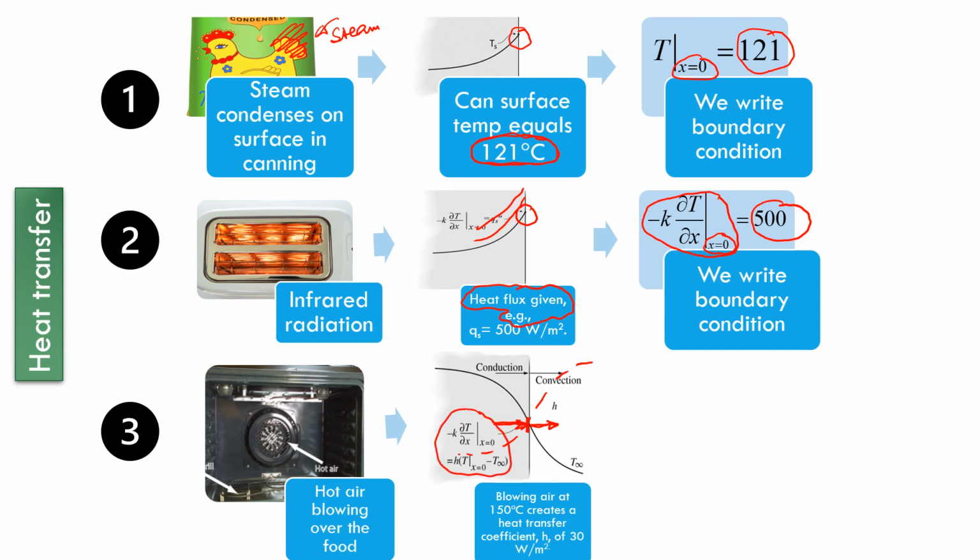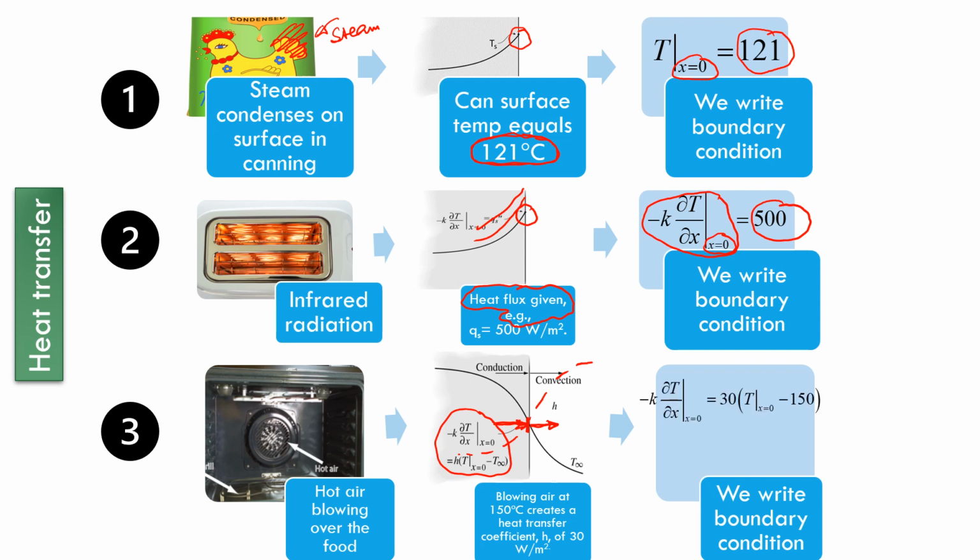The condition simply says that: the flux inside is equal to the flux outside. Conductive flux equal to the convective flux, and these are the quantities that define what is convection. So this is my h value and this is the surrounding temperature T infinity.